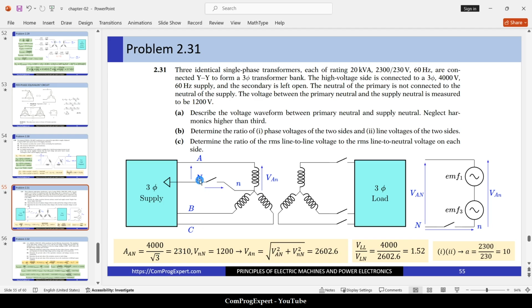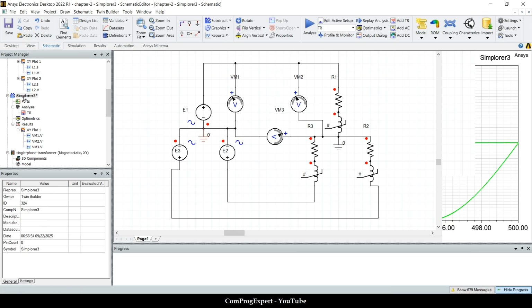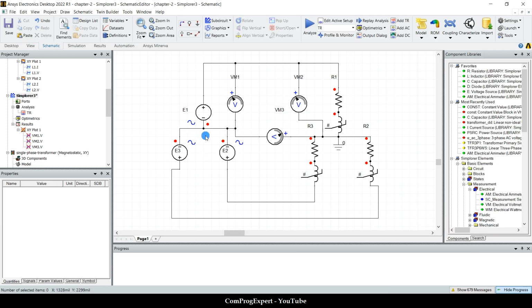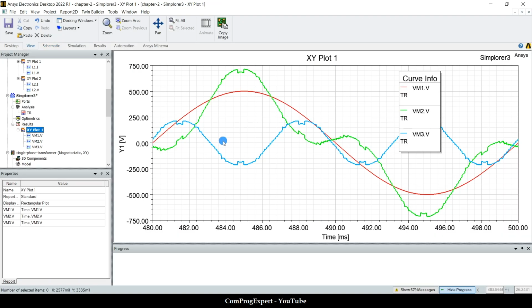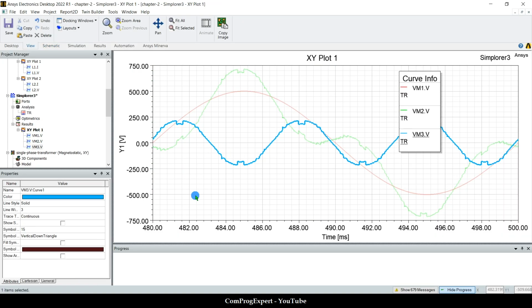The voltage of the N with respect to the capital N is given here. This is the voltage due to the third harmonic. If I delete this one, don't connect this point to this point, this is the RMS value of the third harmonic voltage.